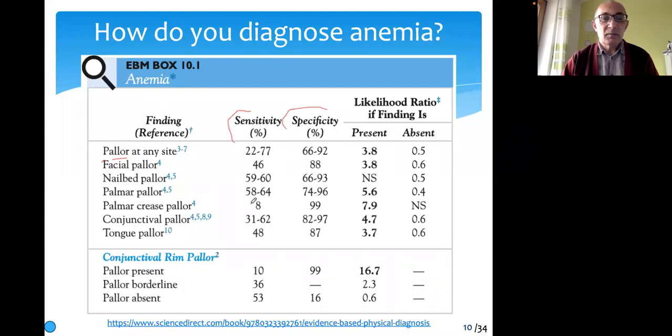Sensitivity is being able to recognize those who are sick, and specificity is being able to differentiate those who are really healthy. As you see, palmar crease has a high specificity. That means in healthy people, we will almost never observe palmar crease pallor.